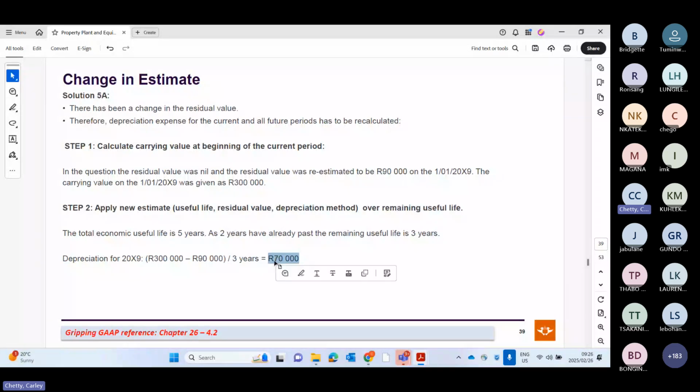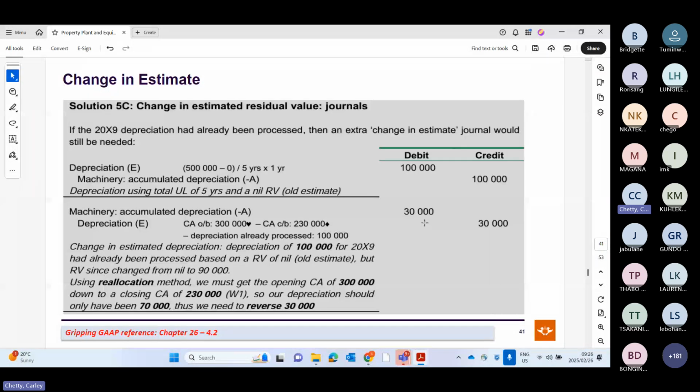So now this is going to result in too much depreciation. So the accountant will reduce the depreciation journal by saying debit machinery accumulated depreciation and credit depreciation, because this 100,000 Rand is too much. We processed too much depreciation.